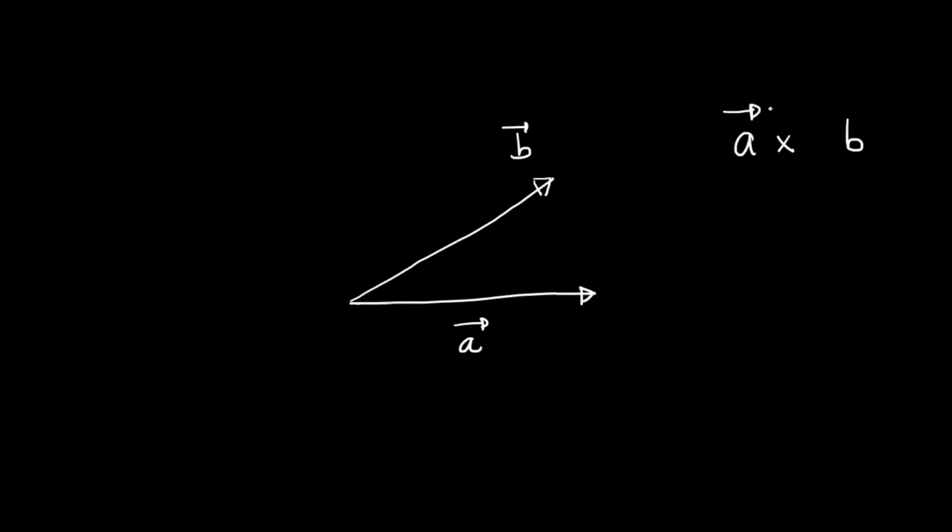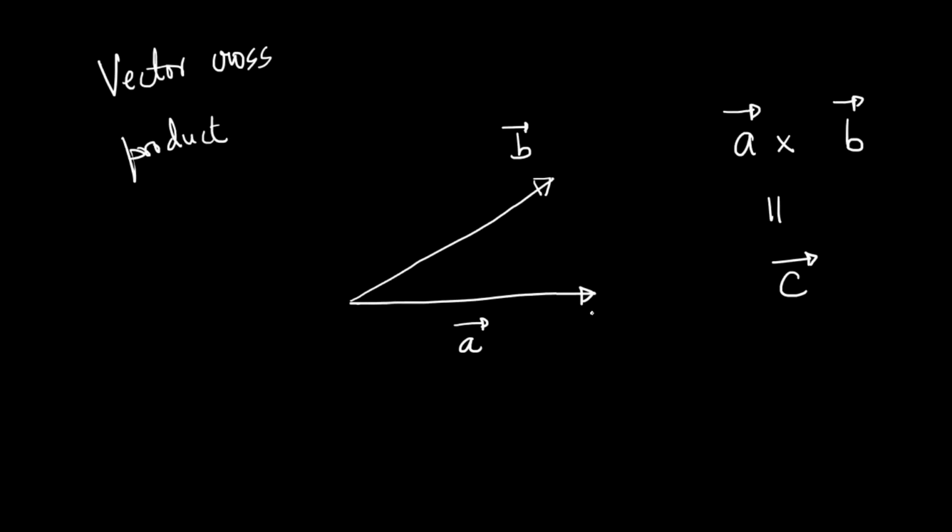You take some vector A, take another vector B, and the question being asked is, what is A cross B? The answer is that this is a vector, and therefore it's called the vector product, the vector cross product.